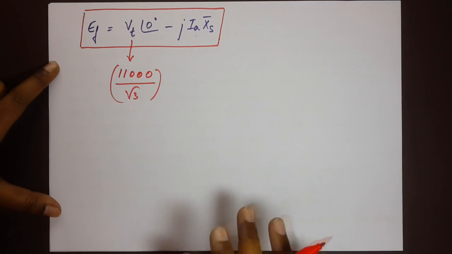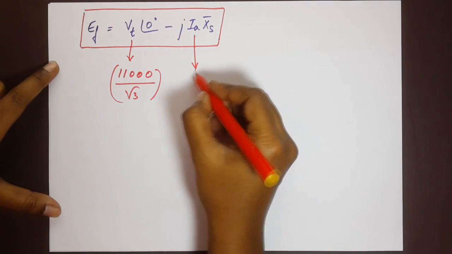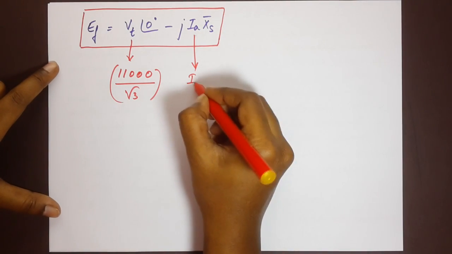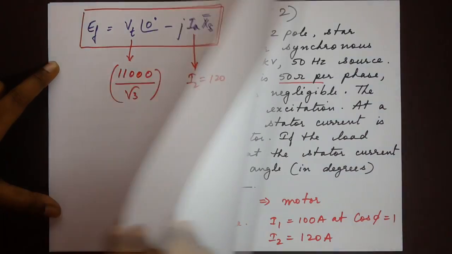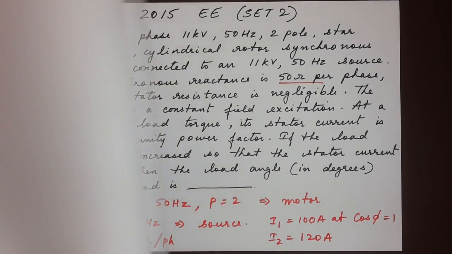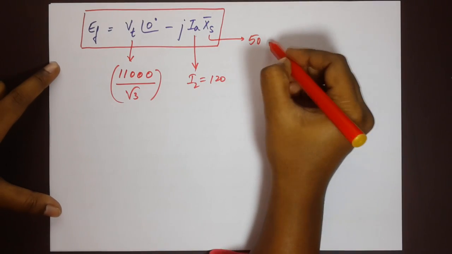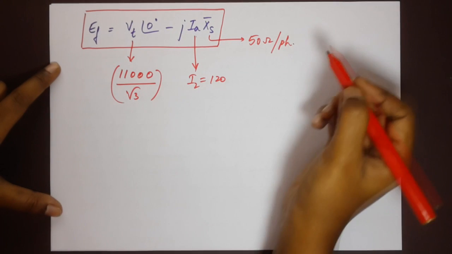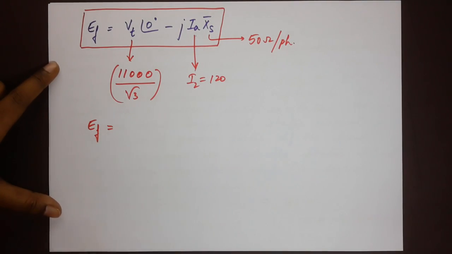So we have to have everything in terms of per phase. Okay. IA is I2, which is 120, since that is what has been given there, 120, and XS is 50 ohms per phase. Now let's plug in all of these values here and find out what EF is.